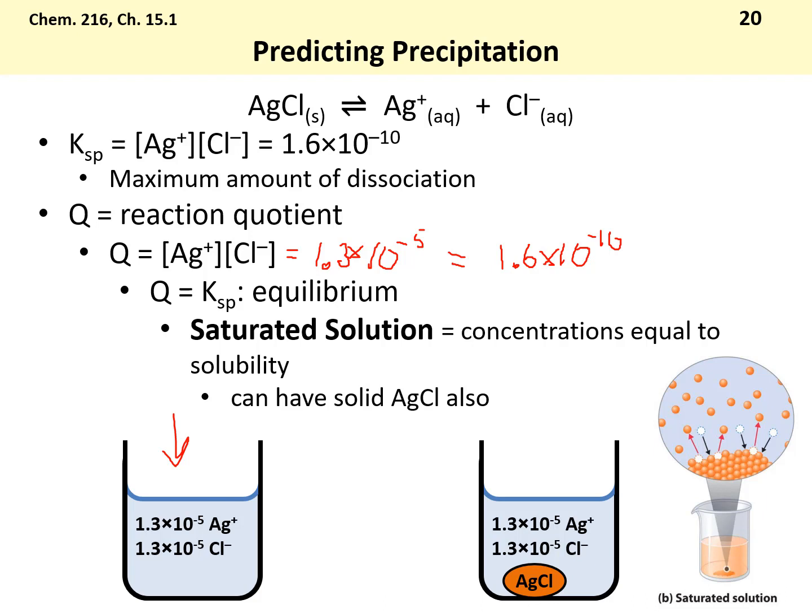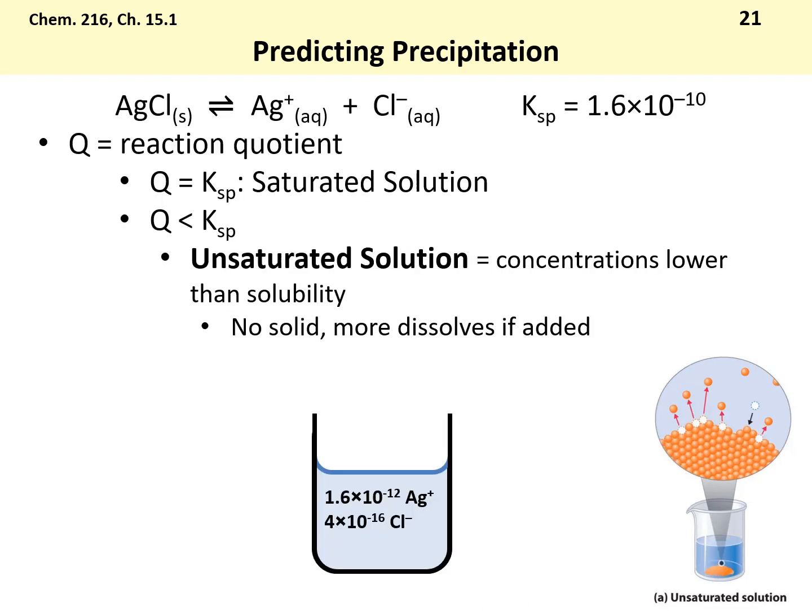And this is what we call a saturated solution, right? A saturated solution is when the concentrations are equal to the solubility. What this means is if I add in any more AgCl, it's just going to go to the bottom. So I might have some solid AgCl here, but I have a saturated solution. No more Ag and Cl can go into solution, because I'm at the maximum.